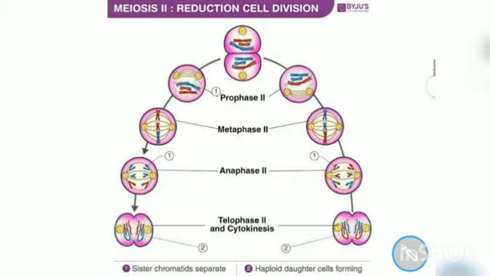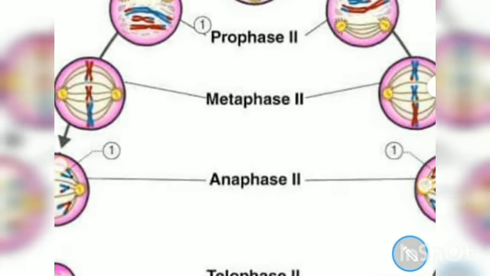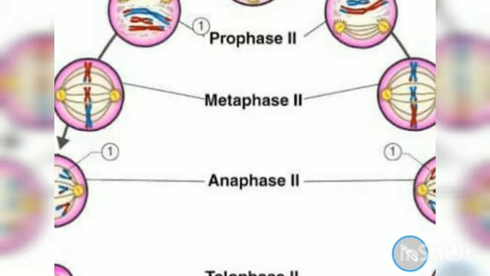Then next is metaphase 2. You can see during metaphase 2 the organization of the bipolar spindle body occurs. These are the spindle bodies, they remain at the polar end.